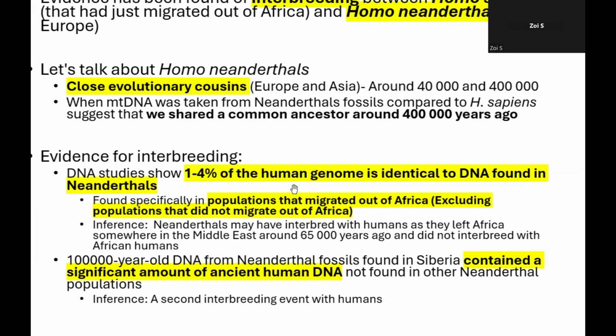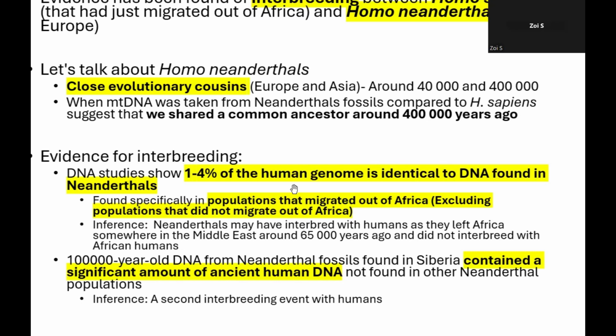that occurred. As a result, we can conclude that Neanderthals may have interbred with humans as they left Africa somewhere in the Middle East around 65,000 years ago and did not interbreed with African humans. Okay, we have enough evidence to actually state that inference very clearly.